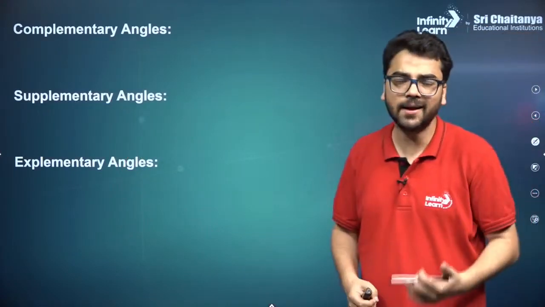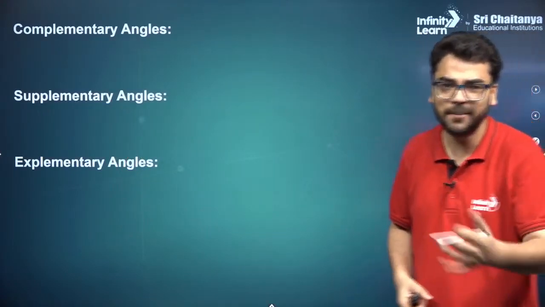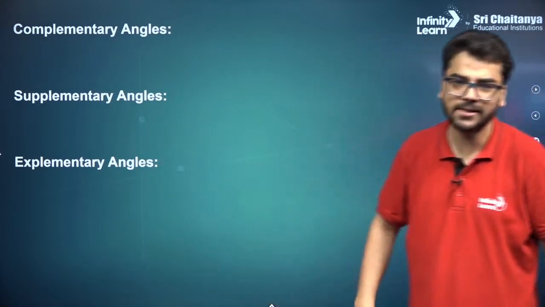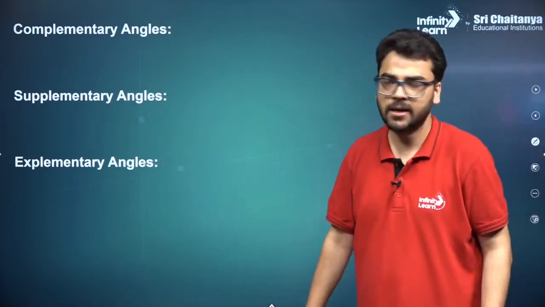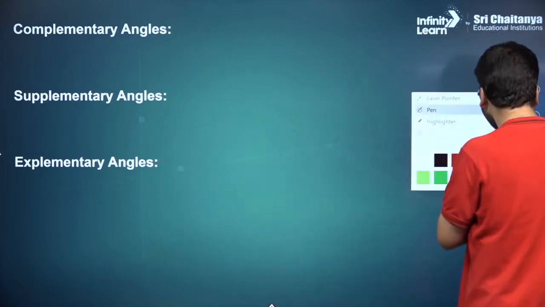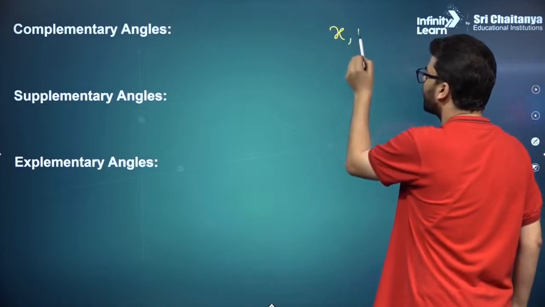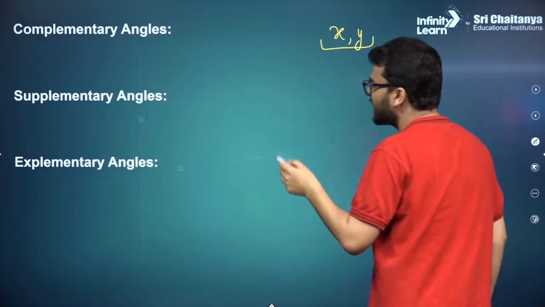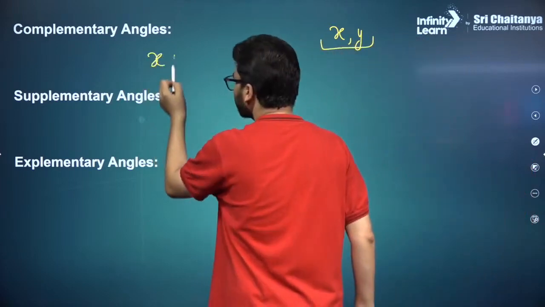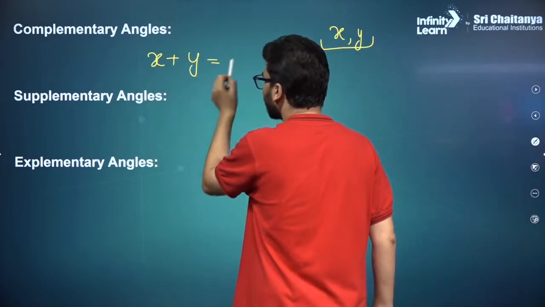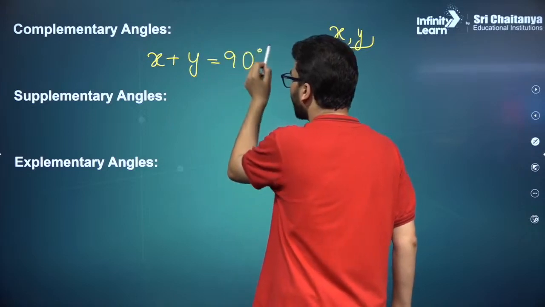Now we have got some other types of angles as well. Complementary angles, supplementary angles, explementary angles. So basically the simple logic is, suppose you have got two angles, x and y. If the sum of two angles is 90 degrees, if x plus y is 90, then the two angles are known as complementary angles.